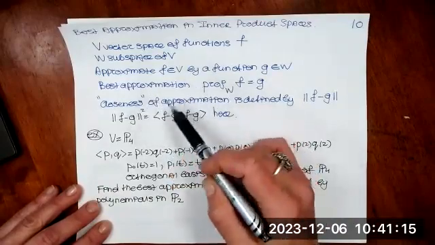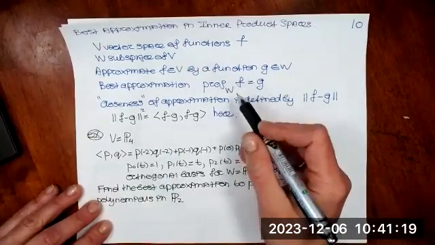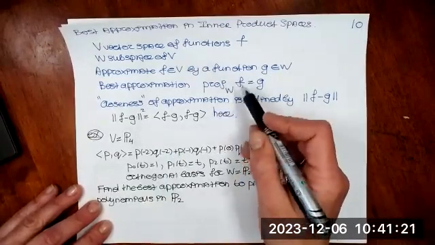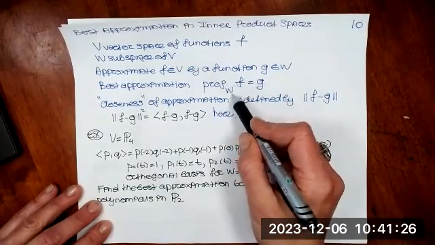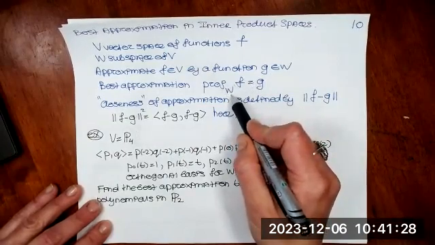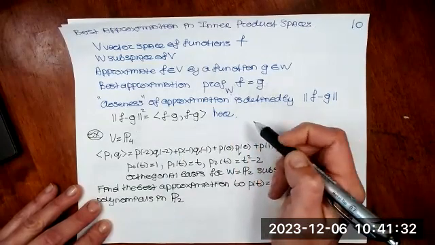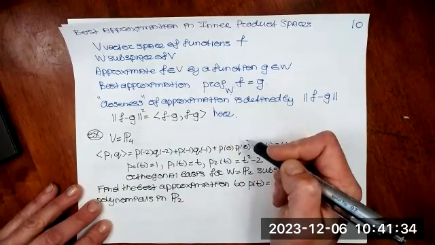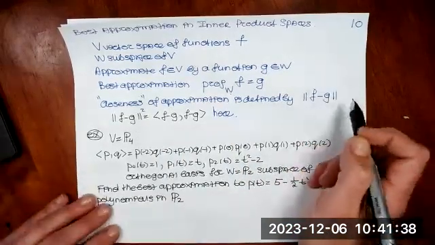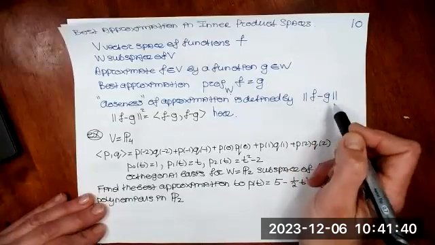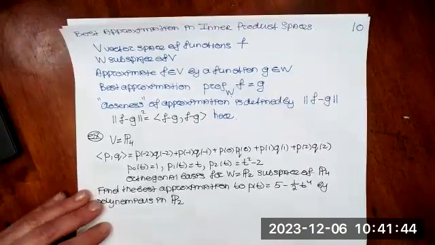The best approximation, again, just like with dot products and vectors in Rn, is going to be the projection of my function f onto the subspace W. This would be my best approximation function g. The error in my approximation is the length of the difference of those two, if you wanted to find the error.